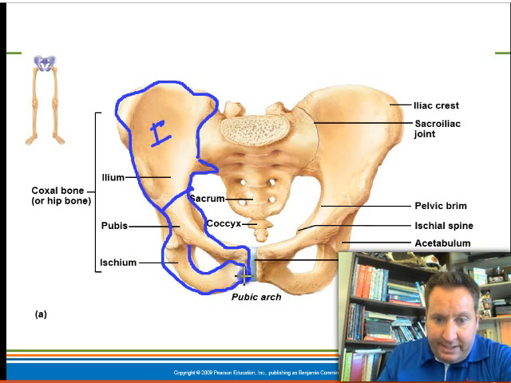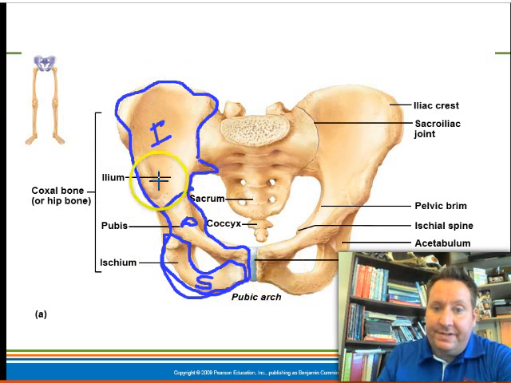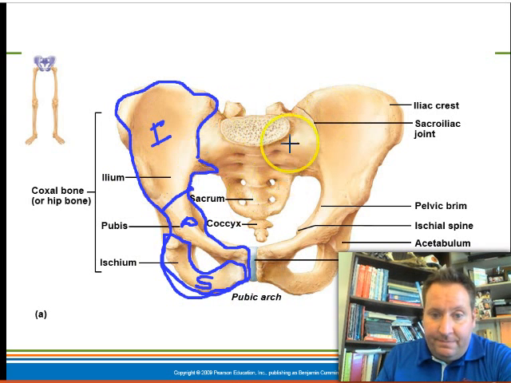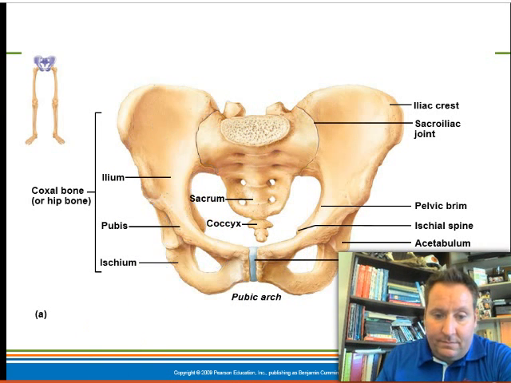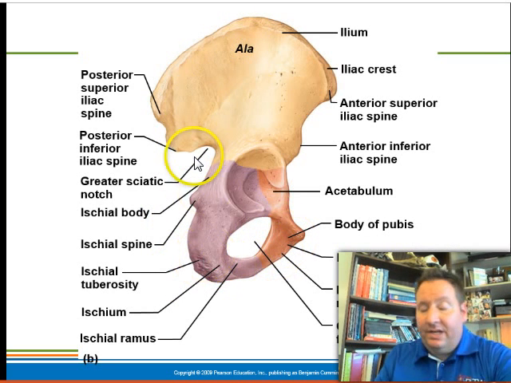I'll mark it with an S. And then this one coming across here, I'll mark with a P as my pubis. These 3 bones fuse together to form your coxal bone. Then I have my sacrum, and then I have my coccyx. Again, there's your ilium, ischium, and pubis.